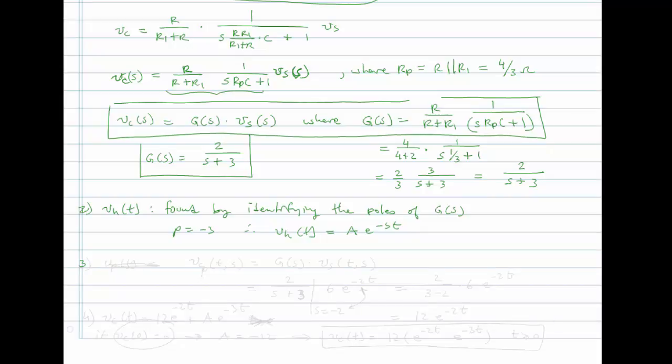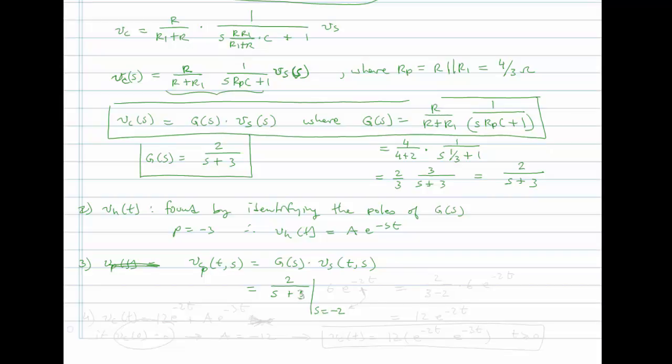Now, we need to get the particular response, V particular. Let's assume that Vs is 6 e to the -2t as we had before. So, in this case, and here I will go back to writing Vc as a function of time, this is particular, and it equals G of S times Vs, with S evaluated at what? At -2.